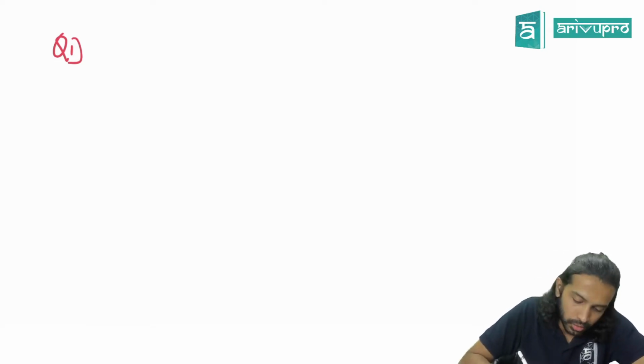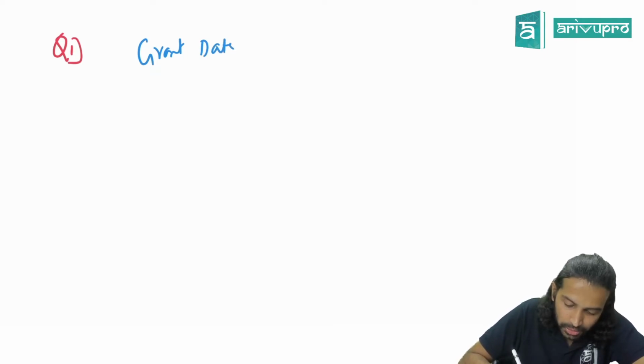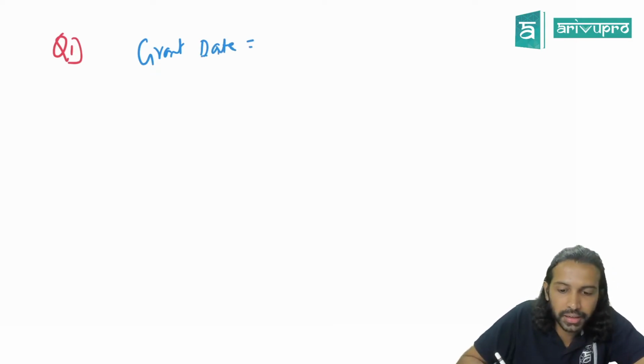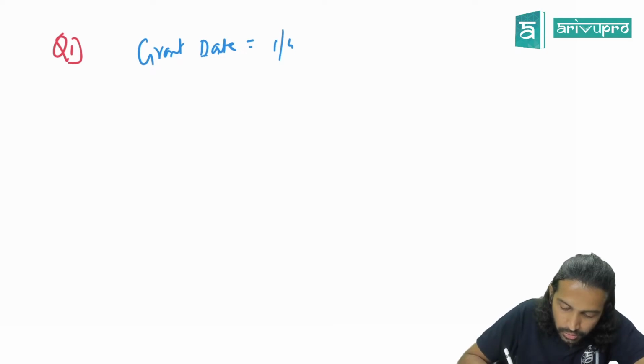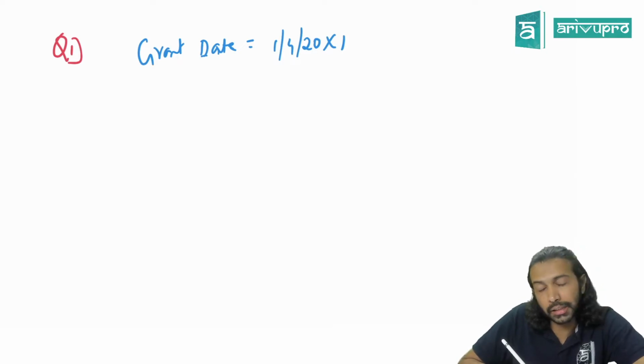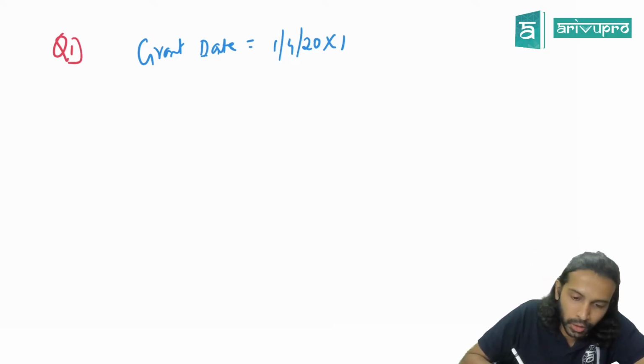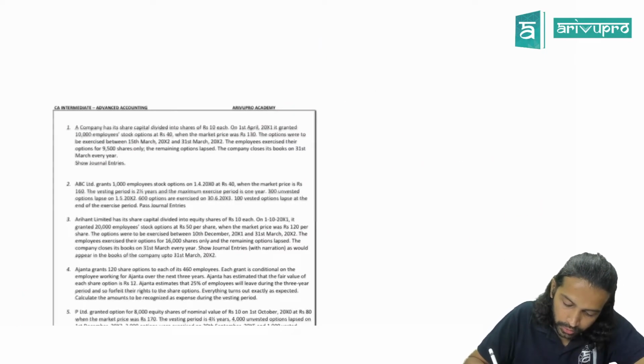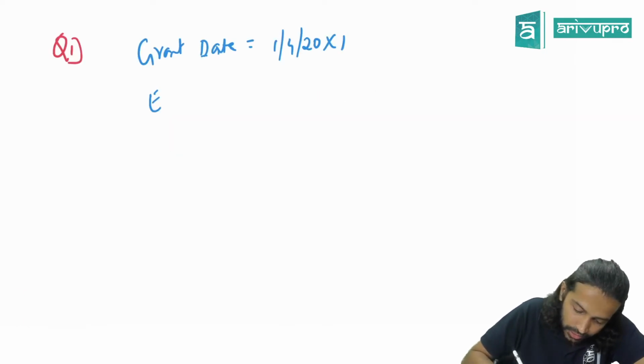First, maybe simple things. All this you don't have to write in your examination, but since it's the first problem, we are writing. Grant date is 1st April 20x1. Employees can buy the shares at what price? 40. That 40 we call the exercise price.